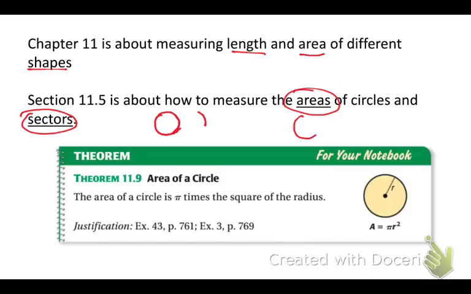So if we have a circle, the area is all that area inside, and a sector is a part of that circle, a piece of the pie. Just like an arc length was a piece of the circumference, the sector is a piece of the whole of the area of the circle.